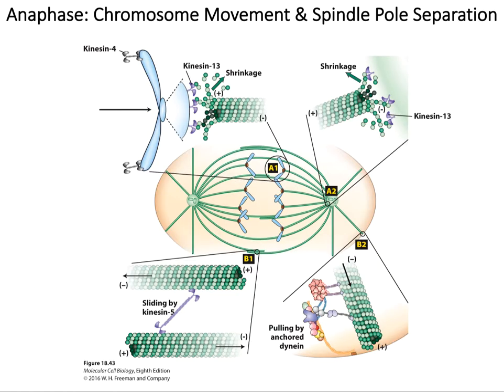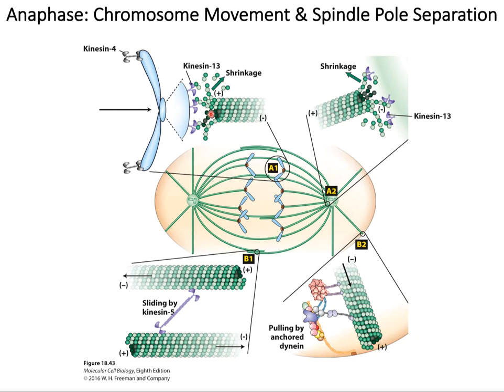Now here is another detailed rendition of the events in anaphase A and B and the role of the motor proteins. So in anaphase A, the movement of the chromosomes to the respective poles is powered by the microtubule shortening by kinesin 13 proteins at the kinetochore, and this is happening at the plus end of the kinetochore microtubule shown as A1 in the figure.